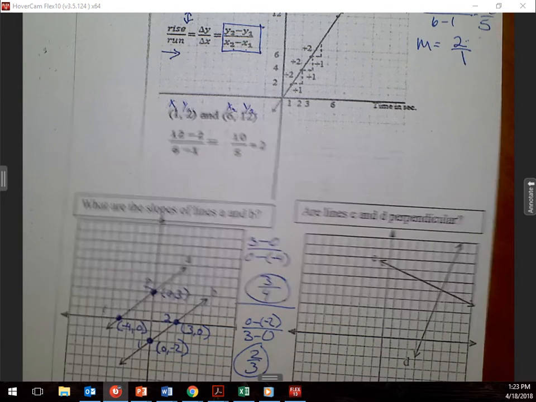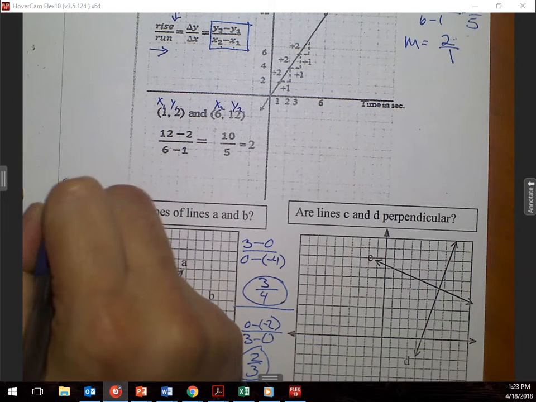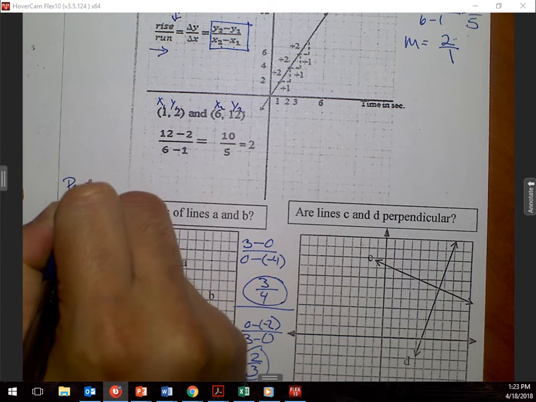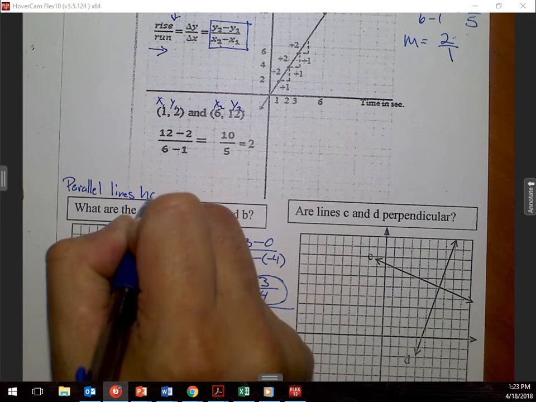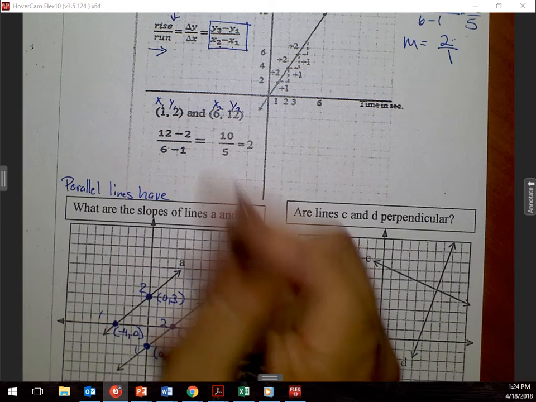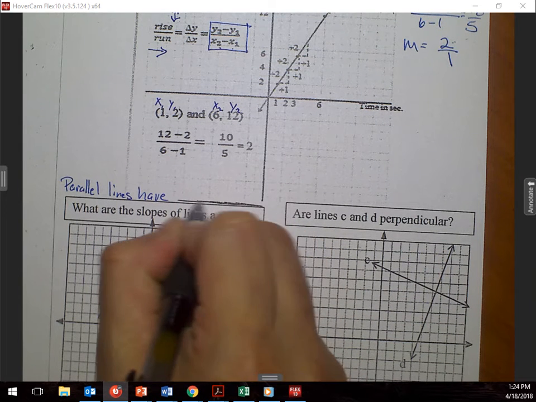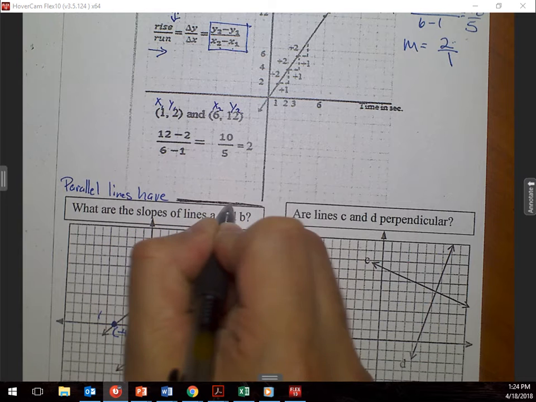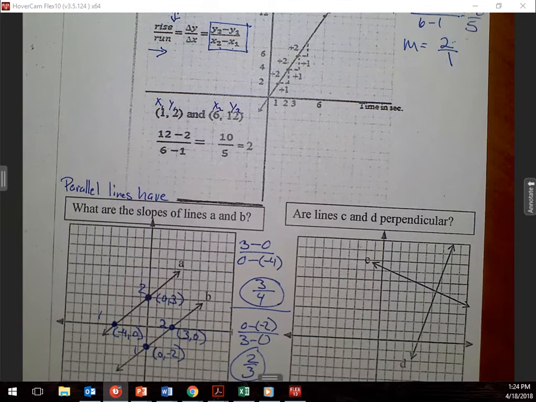So I'm going to add something to these notes right here. So parallel lines have something. What do parallel lines have? Slopes. What about them? We talked about it way back when in first semester.